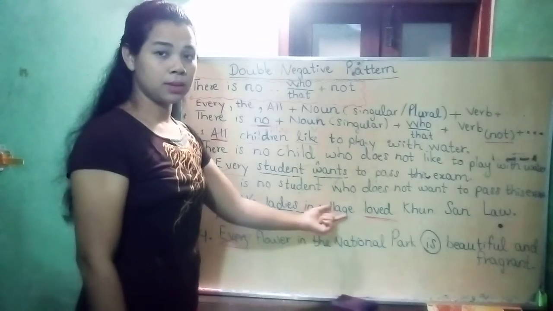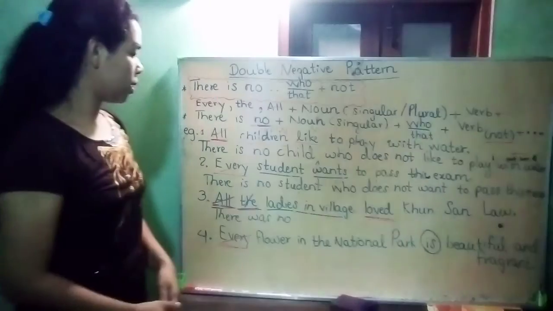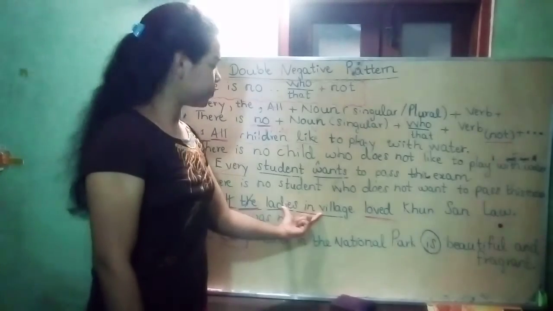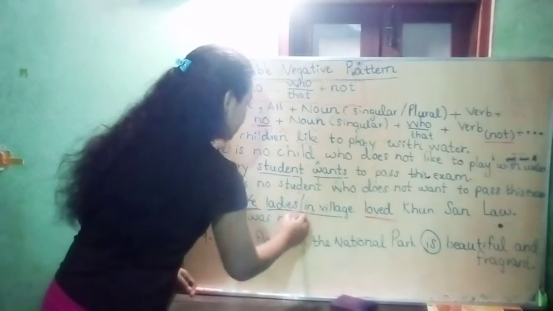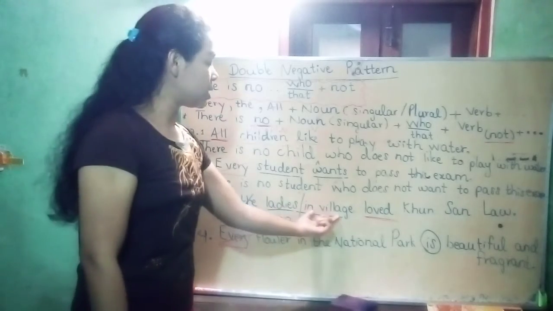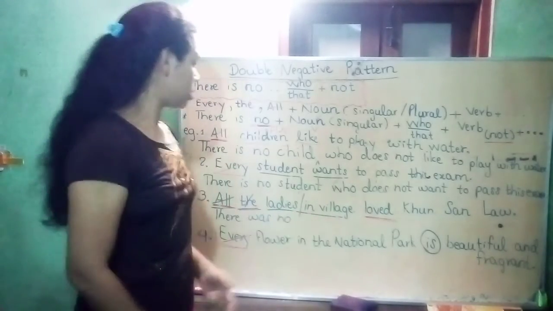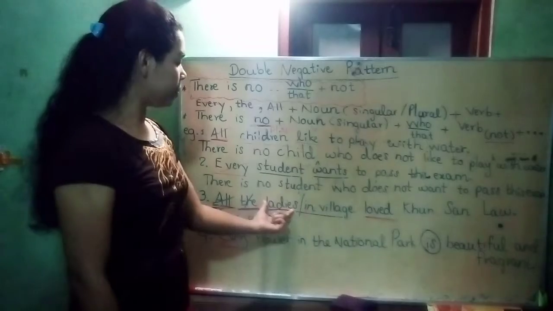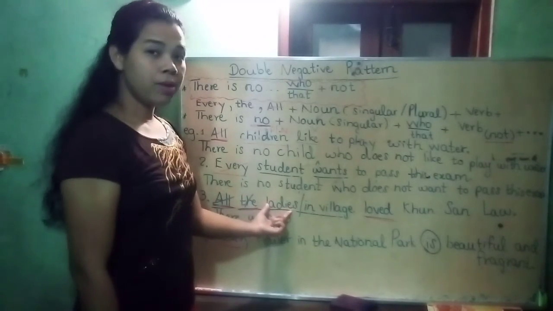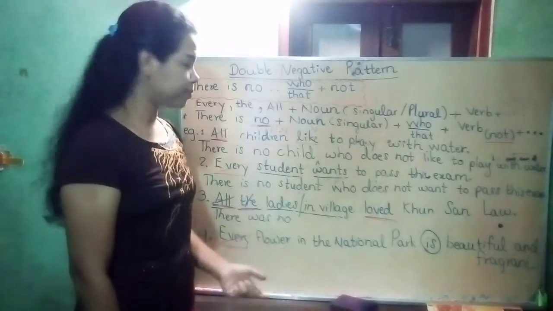Ladies in village is the noun phrase. There are two parts in this phrase. Ladies is first, in village is the other part. Ladies in village means the ladies are living in the village.